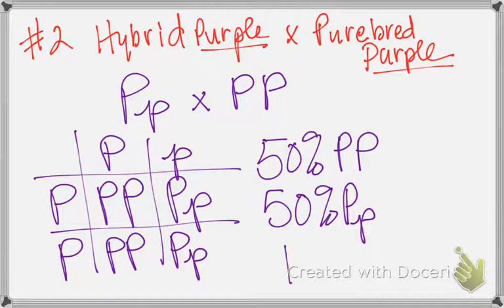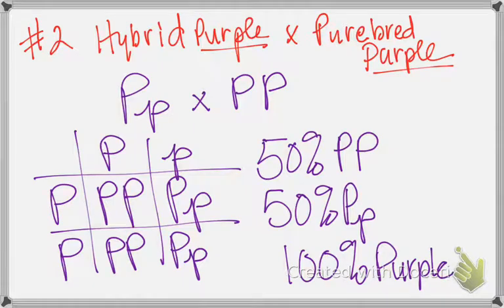And then your phenotypes. 100% of these flowers produced are purple. Okay. All right. Next.